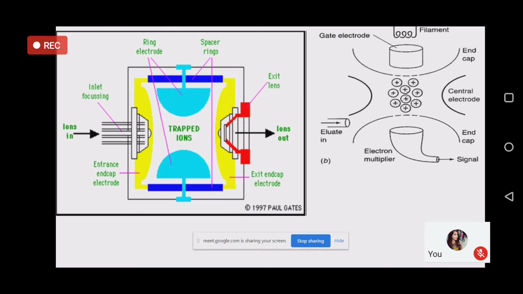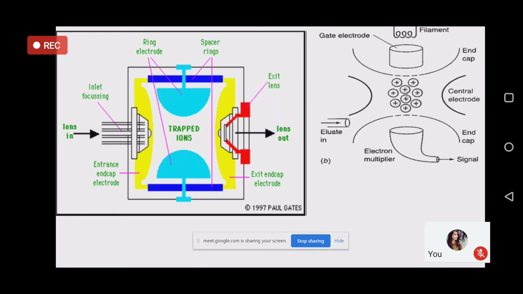Instead of a quadrupole, where you have four cylindrical poles or electrodes, in this case you have two electrodes which are hyperbolic in shape and two electrodes which are ring type. These are able to maintain the ions inside that particular volume as shown there.